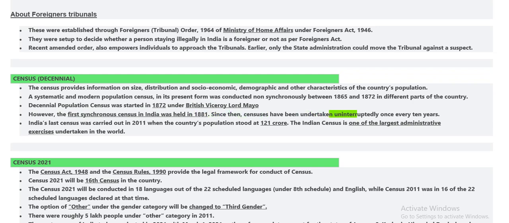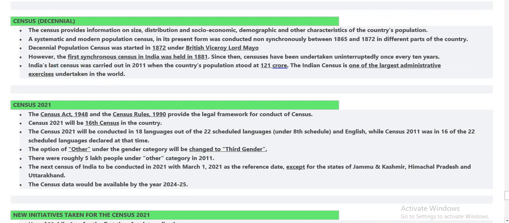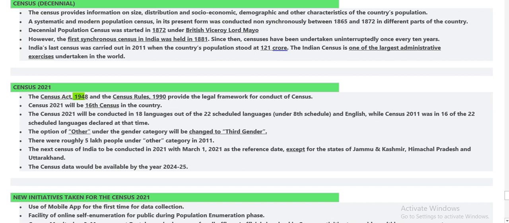Decennial population census was started in 1872 under British Viceroy Lord Mayo. However, the first synchronous census in India was held in 1881. Since then, censuses have been undertaken uninterruptedly once every 10 years. India's last census was carried out in 2011 when the country's population stood at 121 crore.